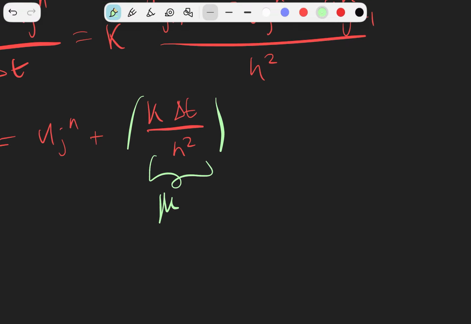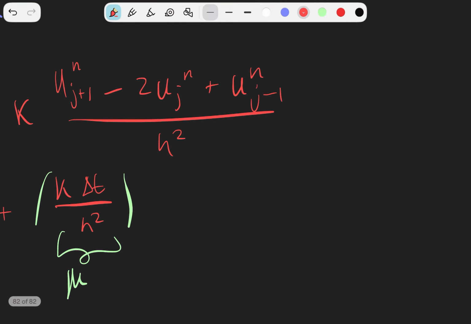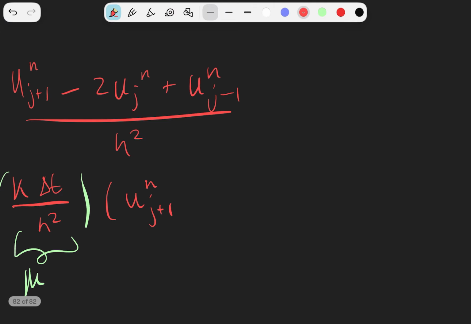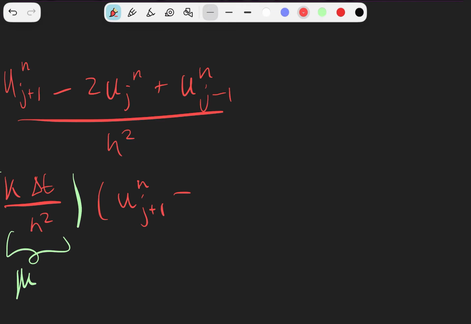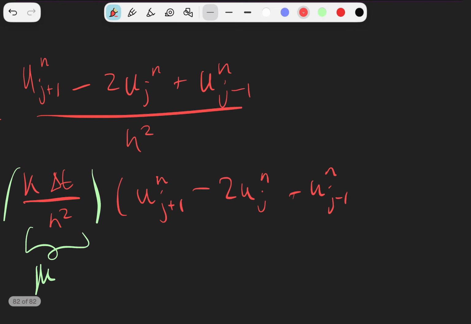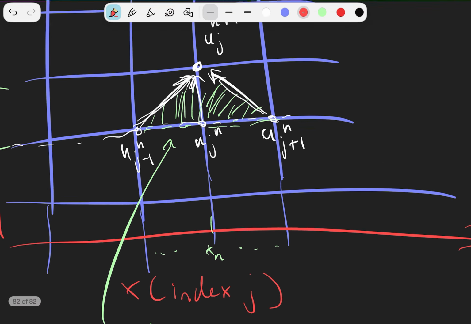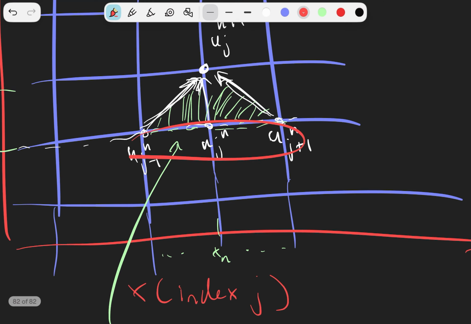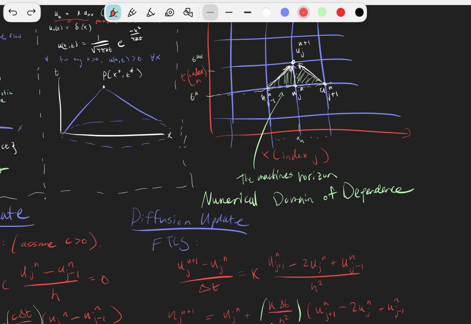In stochastics, we call it mu. I don't know if texts do this or not, but who cares? That's what I like to call drift. And we have in here the u_{j+1}, then the minus 2u_j, plus u_{j-1}. Remember the j+1 and the j-1 came from this view that the machine has.